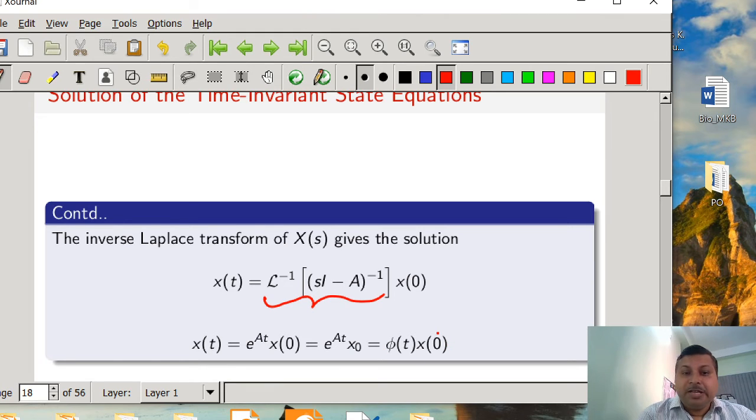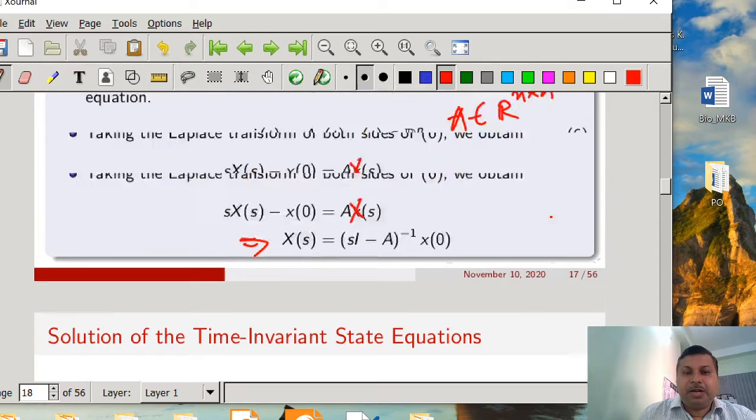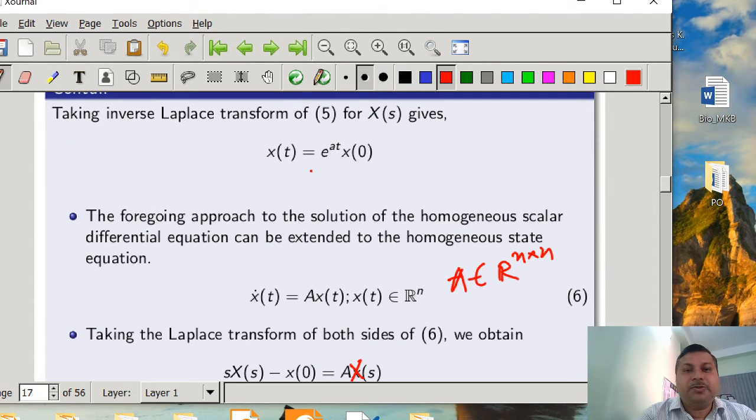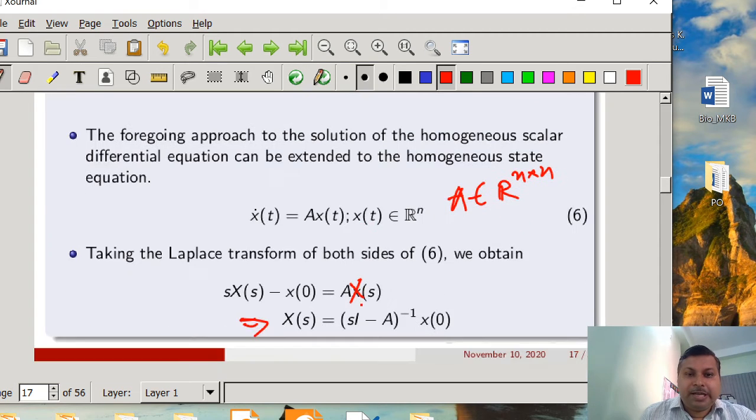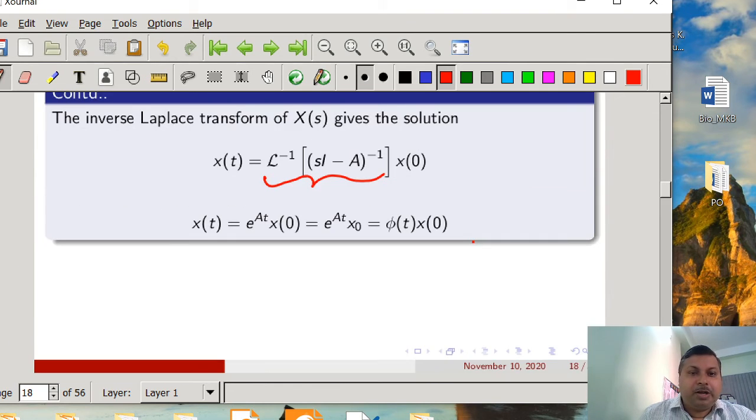Okay, so now you can see why we have defined the matrix exponential, because here you see that we are keeping the similarity. For the scalar equation you got e to the power small a t into x(0). If we are getting an n by n matrix, then it will simply be e to the power capital A t into x(0).